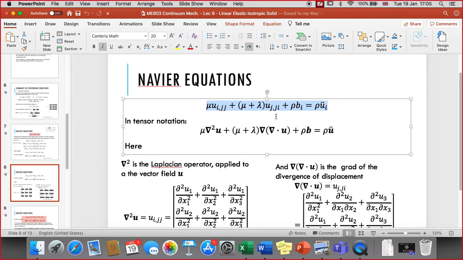Right? So this is a second order differential equation, second order being that there are differentials up to a power of 2 in the equation. So this is something that we can solve using various maths techniques.